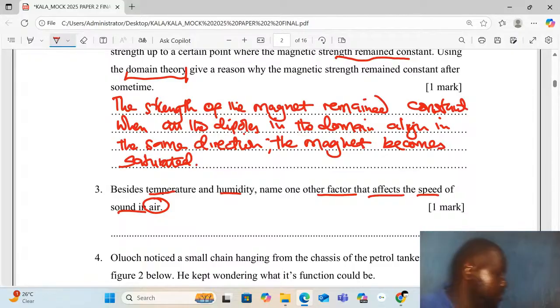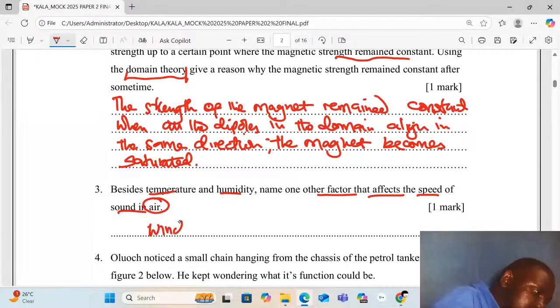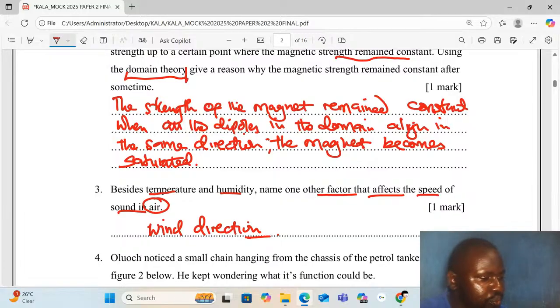Therefore, the one that is remaining is the wind direction. You must also know how wind direction affects the speed of sound. If sound is moving in the same direction as the wind, then we expect its speed to be increased.